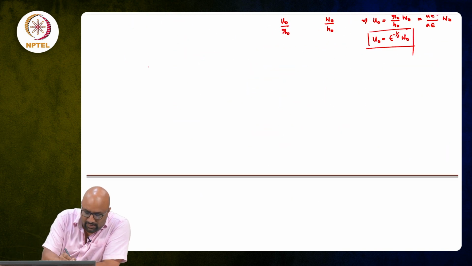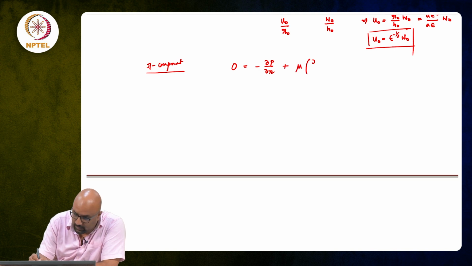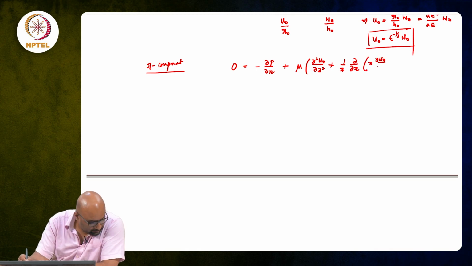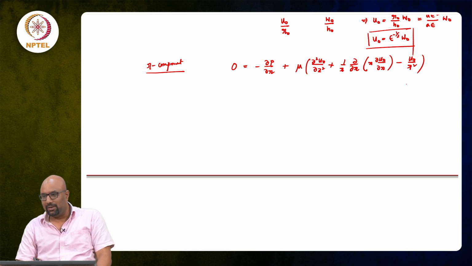So, the Stokes equation will have a radial component: 0 equals minus dou p dou r plus mu dou square u r dou z square plus 1 by r terms. These are again terms which come because of the cylindrical nature of the problem, but as you will see very soon, the precise form will not really be so important.